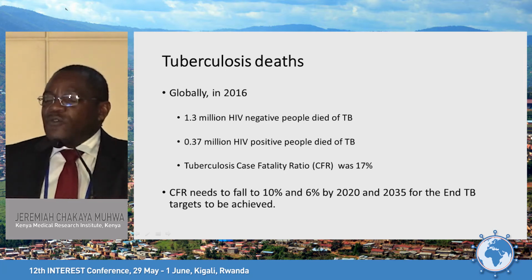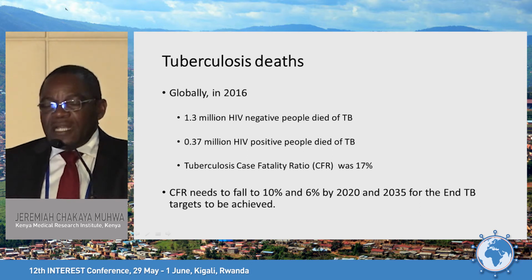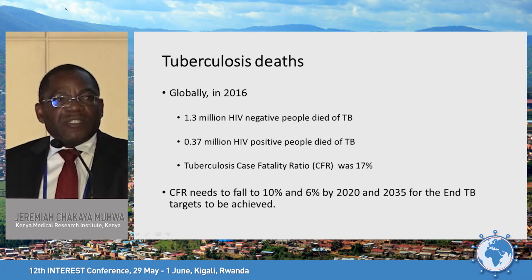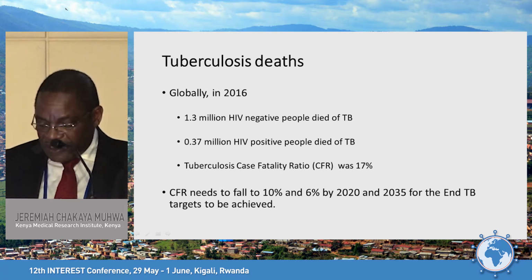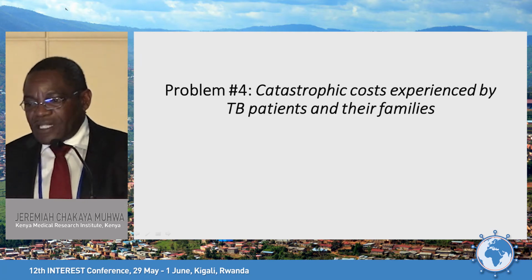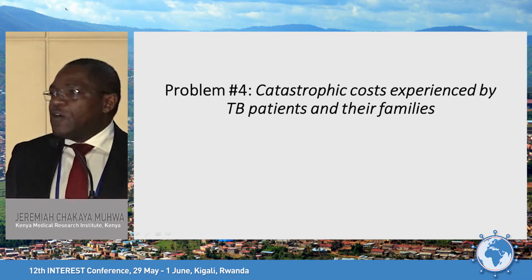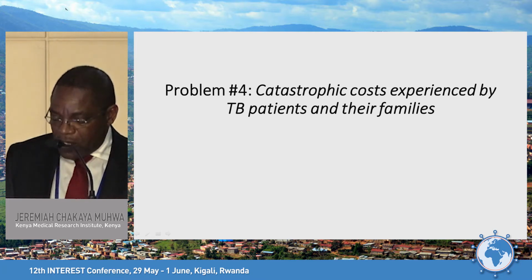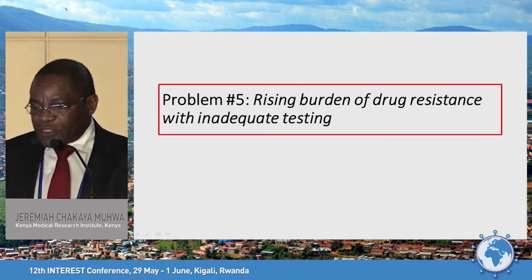And if we are going to achieve the End TB strategy of reducing TB deaths by 90% by 2035, we need to reduce the case fatality ratio to 10% by 2020 and to 6% or less by 2035, which is not an easy task, as you can imagine. And then, of course, the issue of financing the response in such a way that those who have TB do not suffer catastrophic costs.